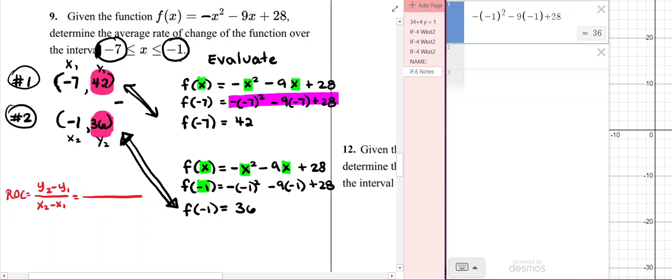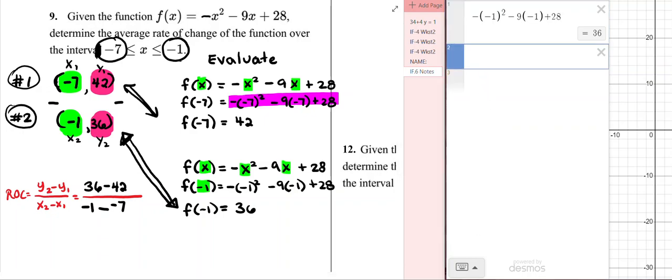So 36 minus 42. For your x's, it's going to be negative 1 minus a negative 7. We're going to type it in just the way we see it on the calculator, because Desmos is cool.